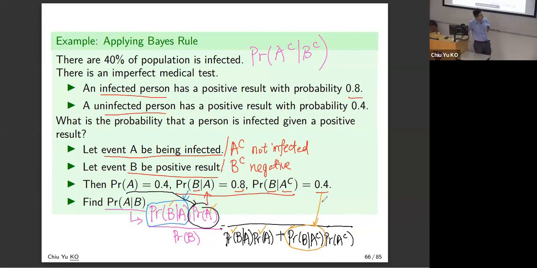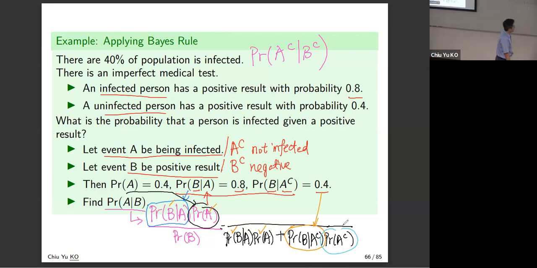What is left is the very last one, the probability of not being infected. But that is actually a prior, because A and A complement must add up to 1, since either you're infected or you're not. So it's 0.6. So we know everything. Just plug that in and we're done. Is that clear? It's nothing new, just plug in numbers, understand the question, and that's it.